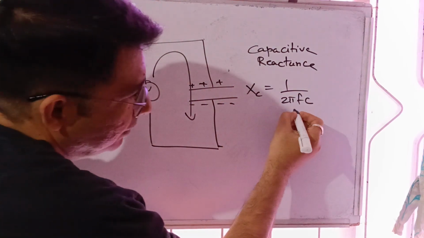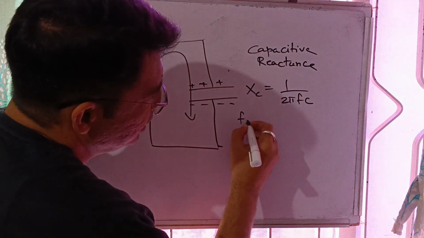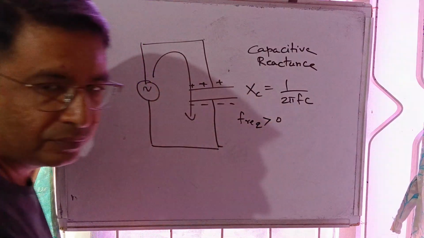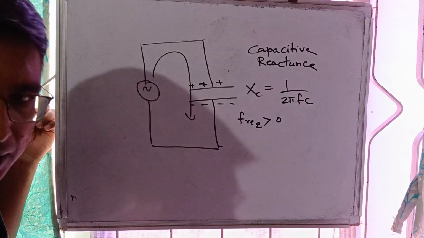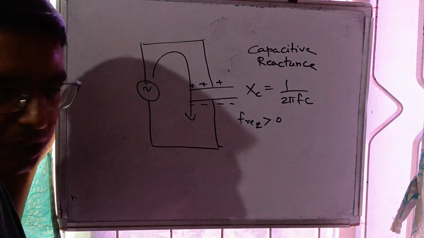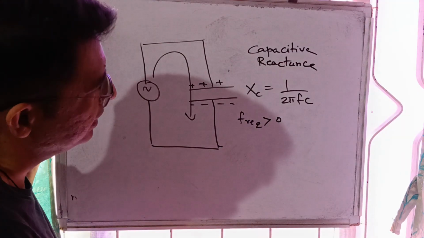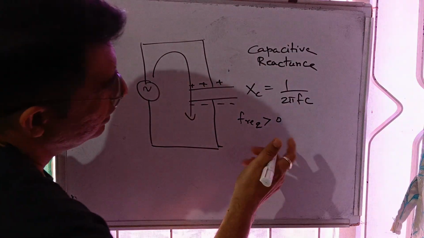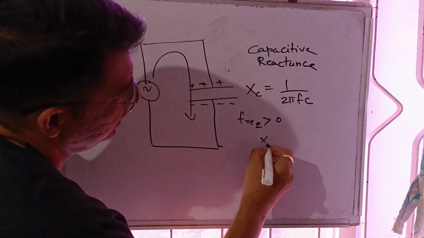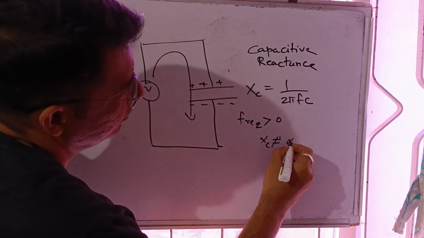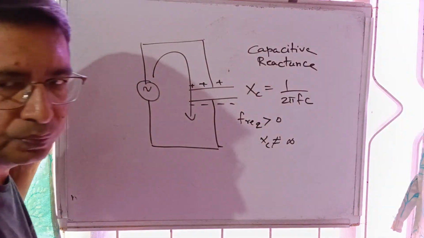But in AC, there is some frequency which is always greater than 0, and hence there is an exchange of charge and a flow of electrons, or flow of current, as we say. As a result this Xc is not infinite, but has some value.